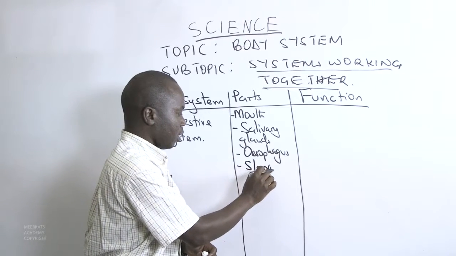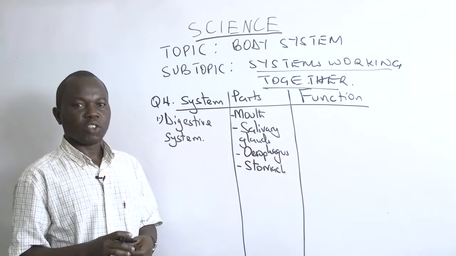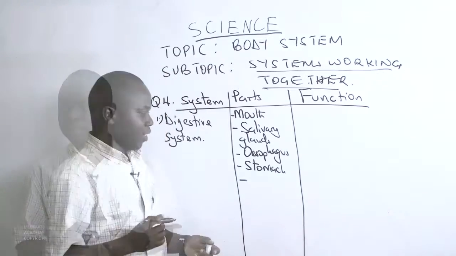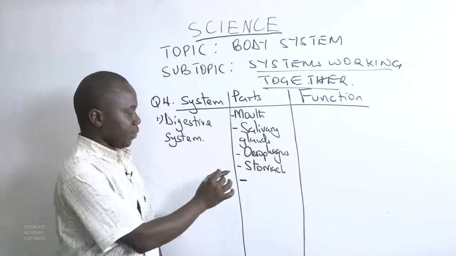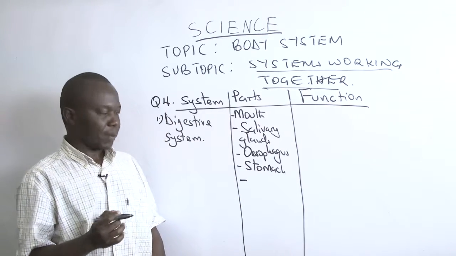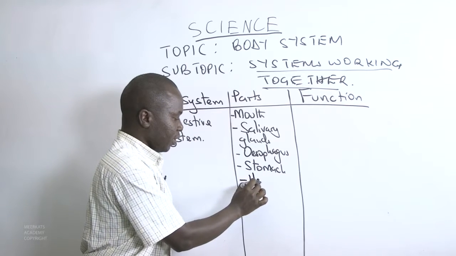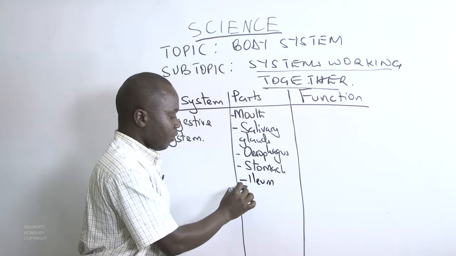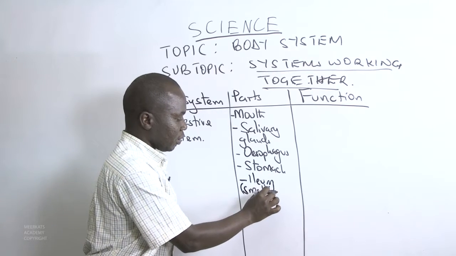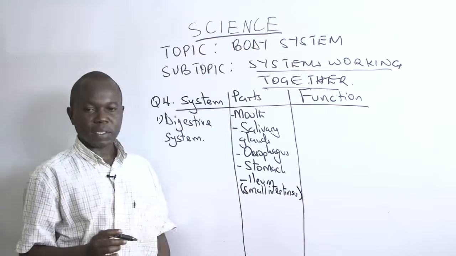We have the stomach. The major role is digestion of proteins, where digestion of proteins takes place. And then down the stomach, we have the small intestines.